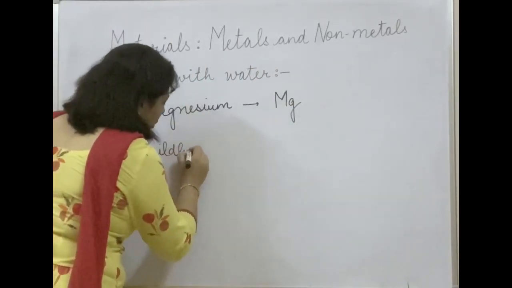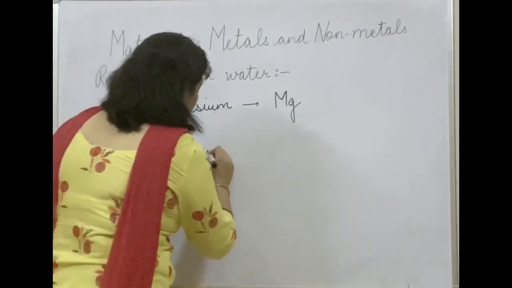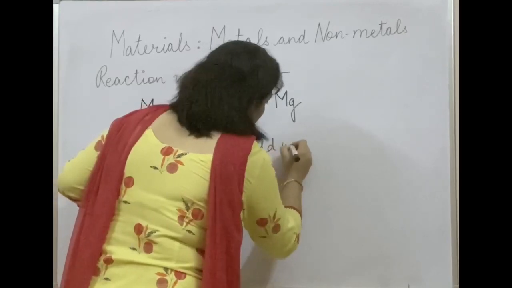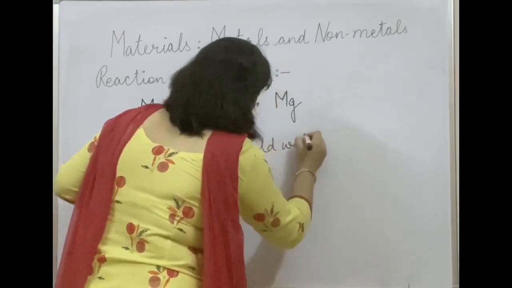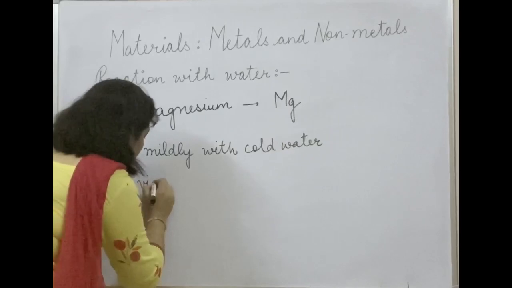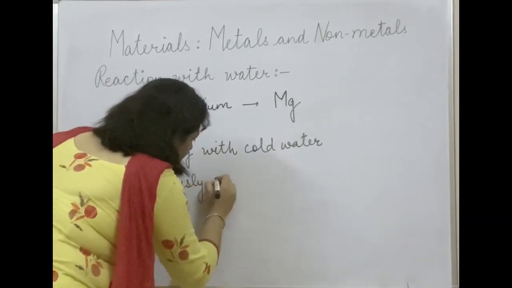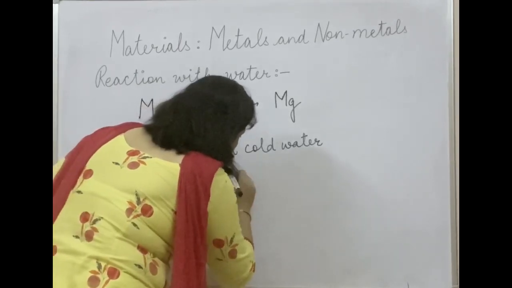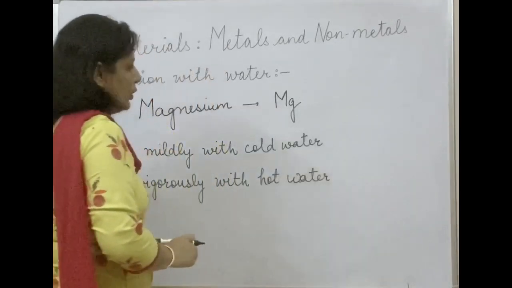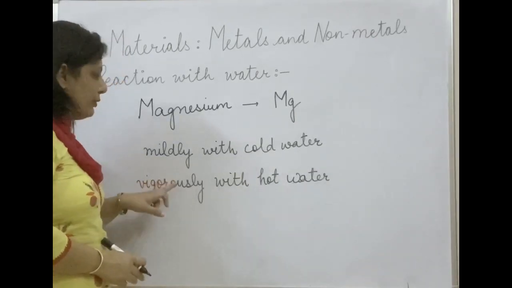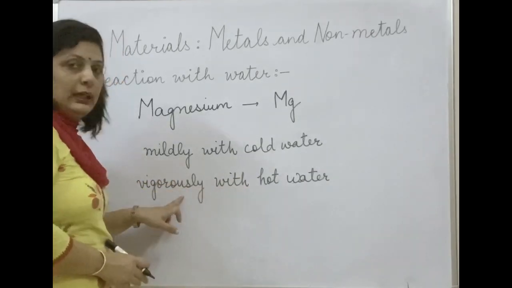Mildly means it will not react very fast with cold water, whereas if you have hot water, then it will react vigorously. Vigorously means very fast. So you have to keep in mind that when it is cold water, there will be a mild reaction of magnesium, whereas when the water is hot, there will be a vigorous reaction.